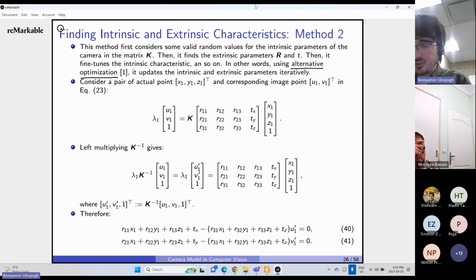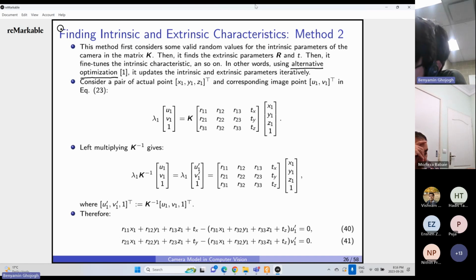For example, I have two optimization variables. I assume one of them is fixed. I optimize over the other one, and then in the next iteration, I assume that the other one is fixed and I optimize over the first one. So I do it iteratively, right? I alternate between optimizing over each of them. This is called alternative optimization. Its idea is similar to the idea of Gibbs sampling, if you have heard of this in statistics.